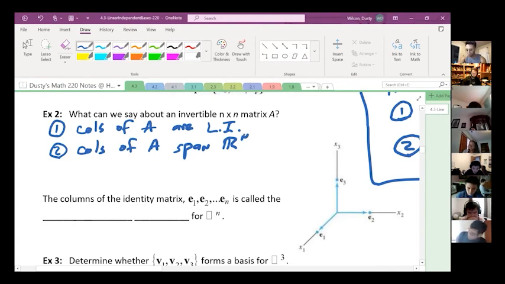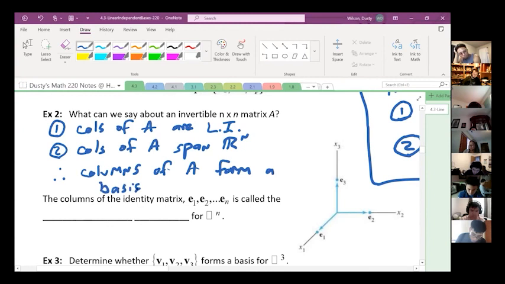And so if you have that the columns are linearly independent and the columns span, what can you conclude? From Kevin, from Ben, from Gerald, it's a basis. So we can conclude that the it in this case isn't the matrix, it's the columns. So we can conclude that the columns of A form a basis for Rn.